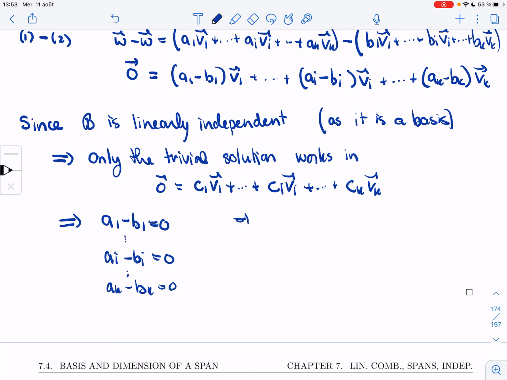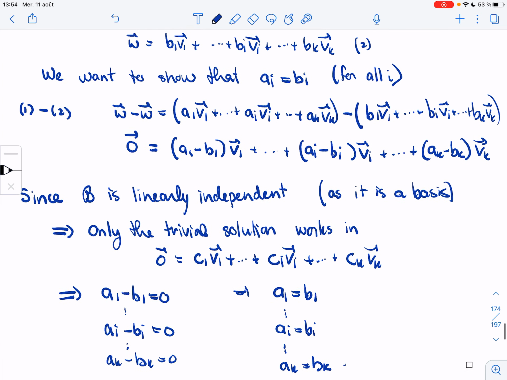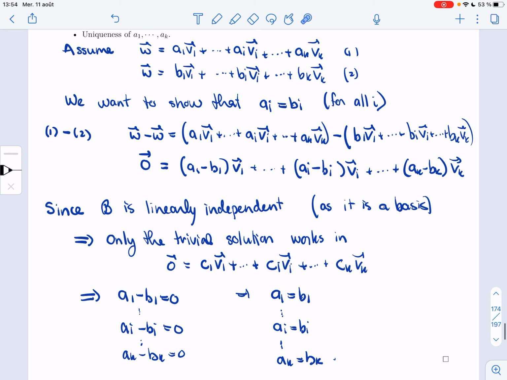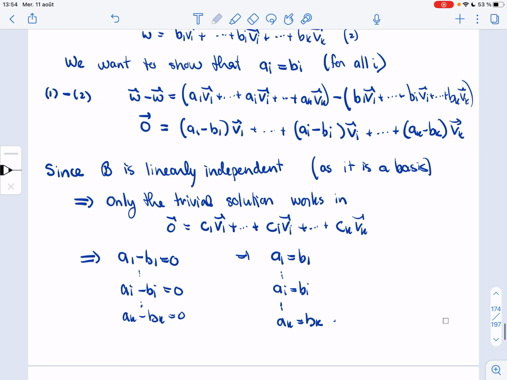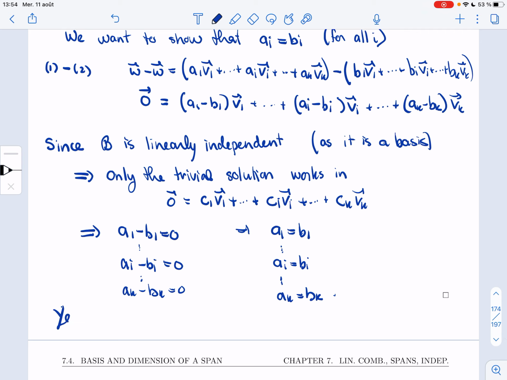And so that means A1 equals B1, AI equals BI, AK equals BK. And so when I said we're going to start with two seemingly different linear combinations, they turned out to be just the same because B is linearly independent. And so, yes, these coefficients are unique.